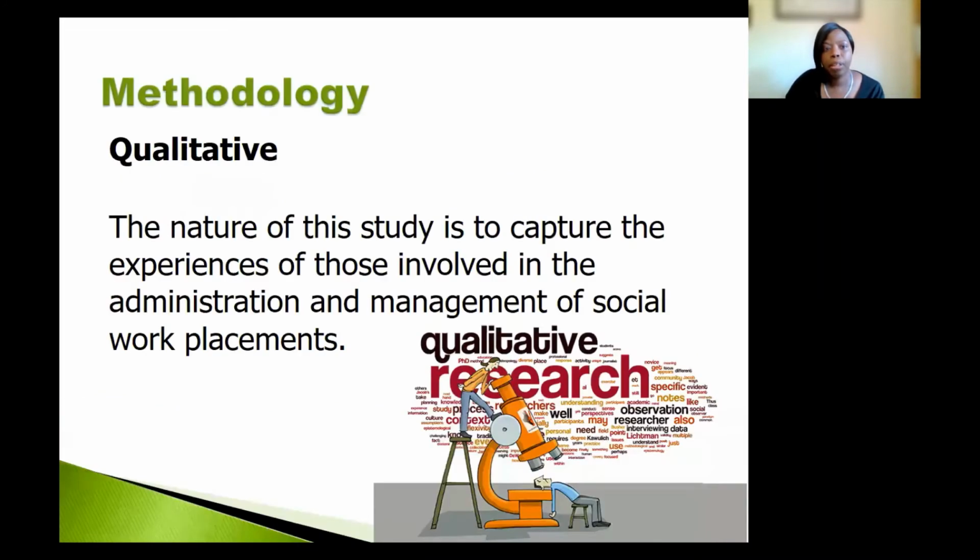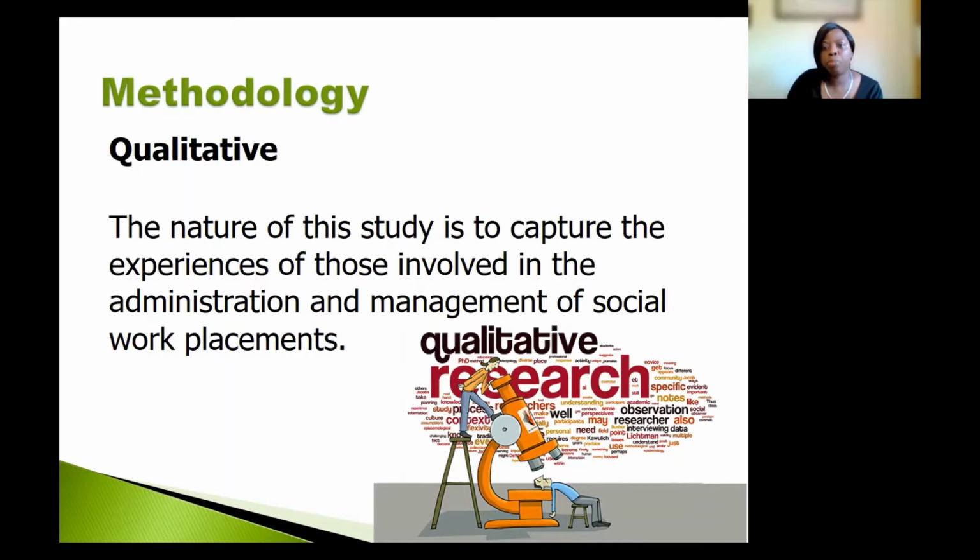Okay, so methodology. I'm using a qualitative approach to this study. The nature of this study is to capture the experiences of those involved in administration and management of social work placements. Many of you will know that I have involvement in overseeing placements here at the university.